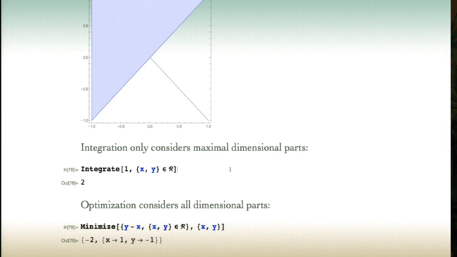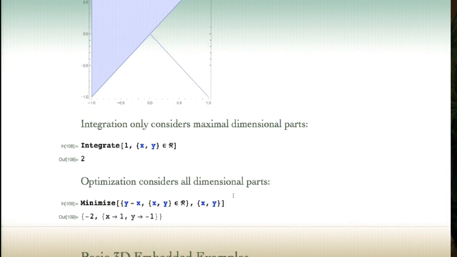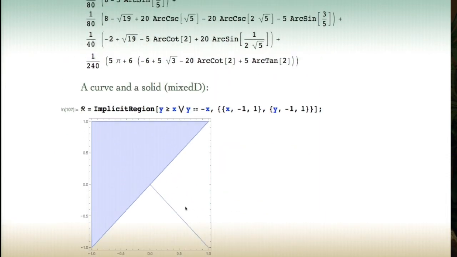Now if I integrate over that region, it will pick out the maximal dimensional component, and that's the measure, and that's what it will integrate over. Everything else is measure 0 from that point of view. When we optimize, on the other hand, we use everything. We use the lower dimensional pieces as well, because that's what the natural minimum distance is.